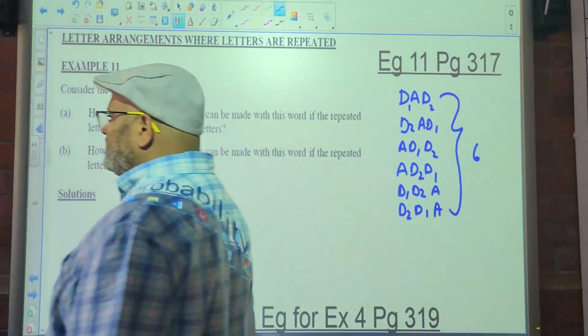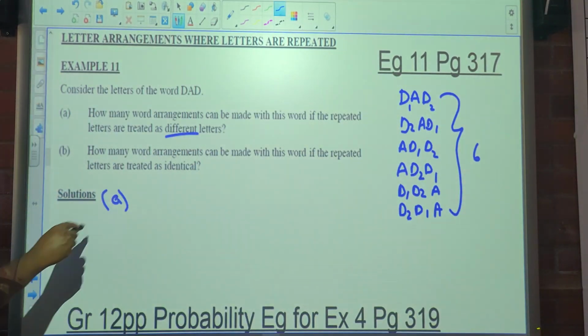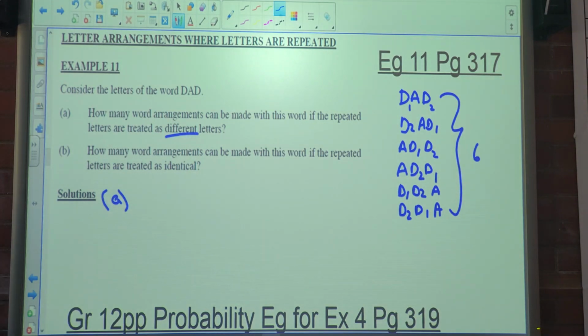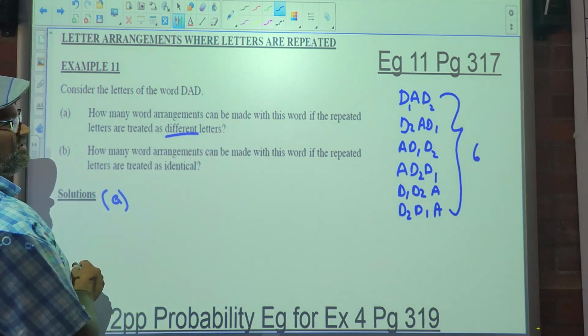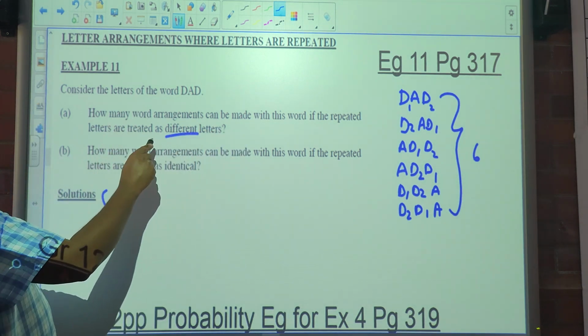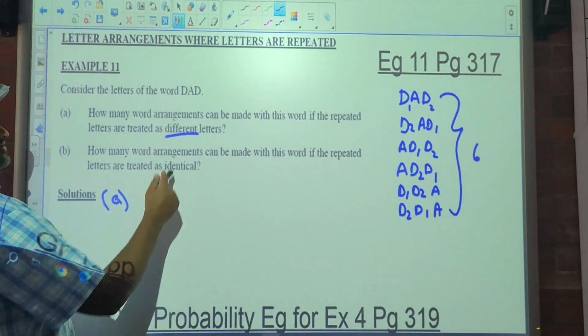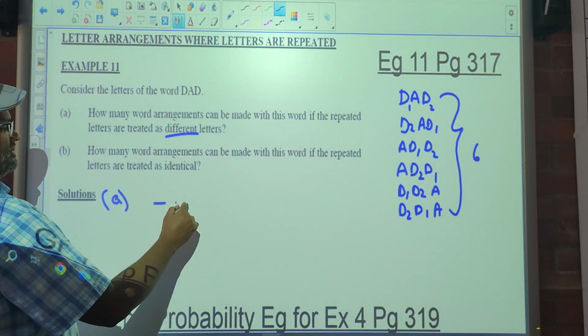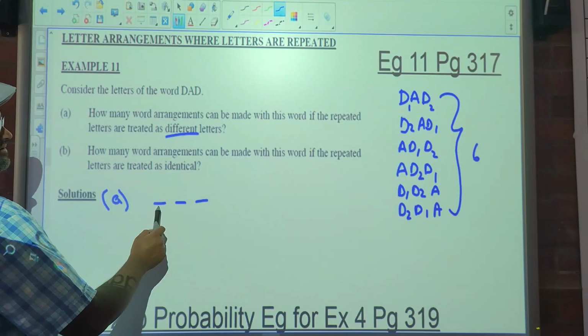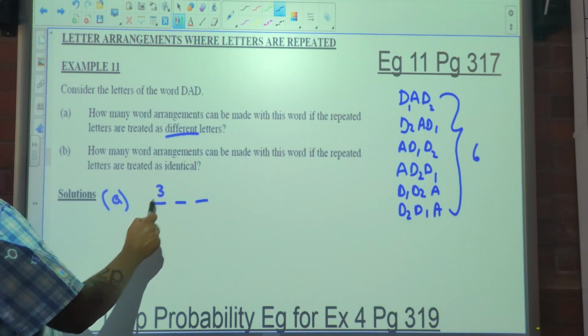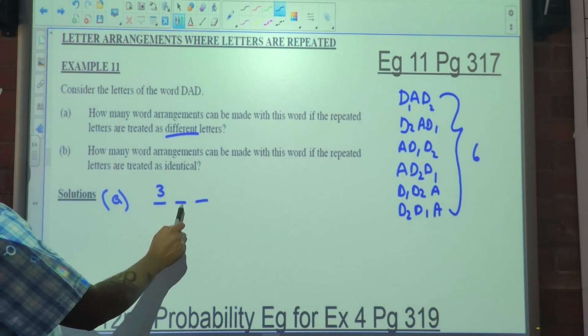So of course we are not going to do that all the time. Okay, so we need to come up with some short annotation or a simpler calculation. So from here, if it says how many word arrangements can be made with the word if repeated letters are treated as different letters, then how many options, how many bits should I have? 3. Can you see that? So how many options do I have here? 3. Then 2.